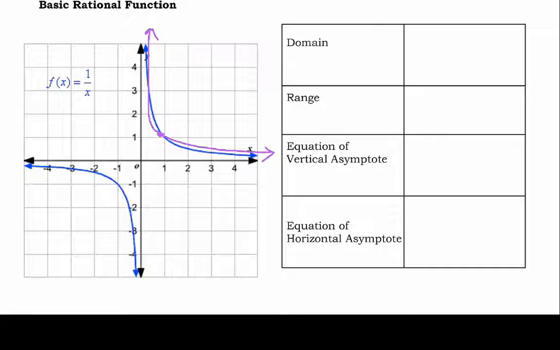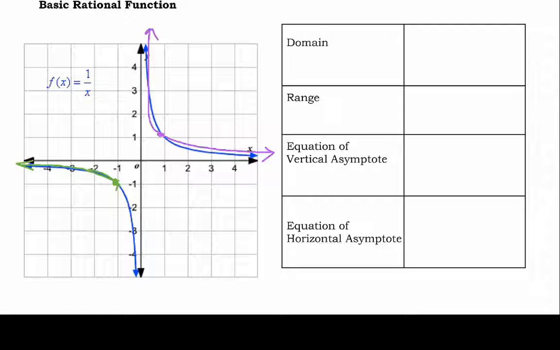Same thing. When x was -1, y was -1, right down here. And then we saw as the absolute value of x got larger, our y values got smaller and smaller and smaller. But we are never going to get to a y value of 0.